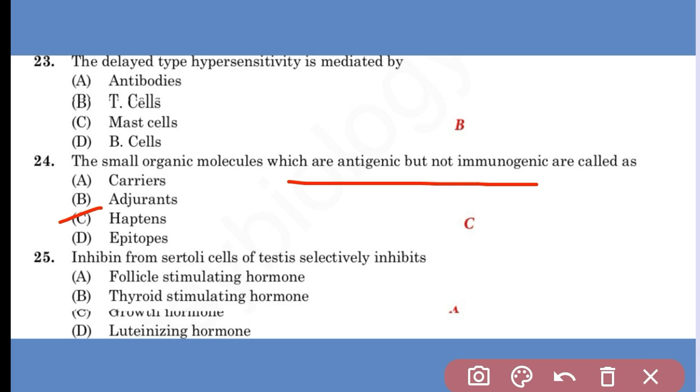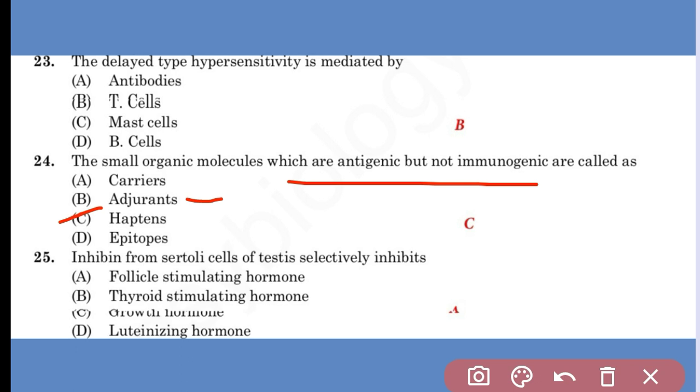The other option, option B, adjuvant. An adjuvant is a substance that modulates the immune response to a vaccine. Adjuvants may act by a combination of various mechanisms including formation of cytokines and chemokines, recruitment of immune cells, enhancement of antigen uptake and presentation, and promoting antigen transport to draining lymph nodes.